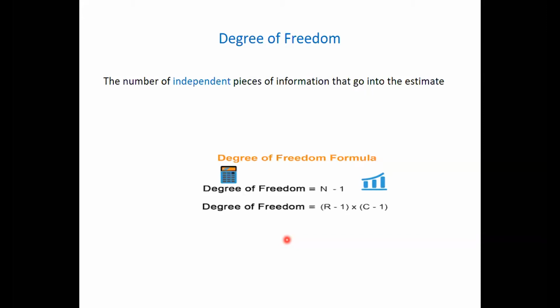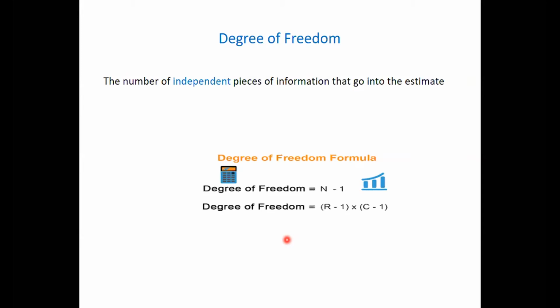Only one person cannot. That is why it's 5 minus 1, since the total is 5. So that's why the degree of freedom is n minus 1. All the values can vary, except the last one.